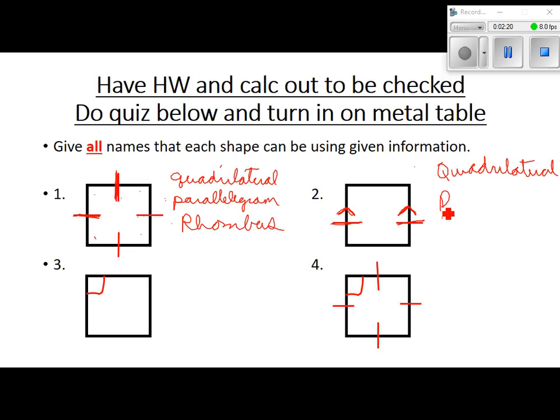We also know it's a parallelogram because, again, if one pair of opposite sides are parallel and congruent, then it's a parallelogram. To be a rectangle, it would have to have a right angle somewhere, or the diagonals would have to be equal to each other. We don't know that, so we can't say it's a rectangle. To be a rhombus, we don't have enough information, so it can't be a square, so those are the only 2 that we could give to it.